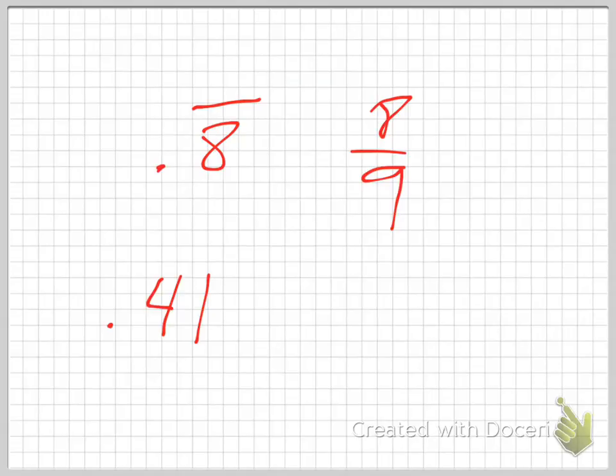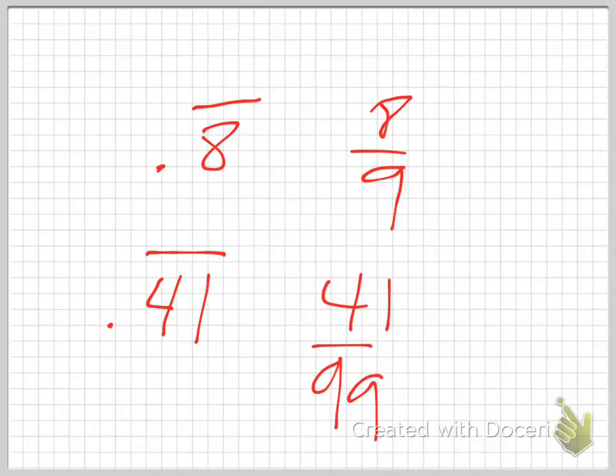Like you get that? Yes. Okay. If I put a line over the 41, it's not 41 over 100. What do you think it is? 41 over 99. If you ever see a repeating decimal, I'm telling you that it can be written as a fraction.